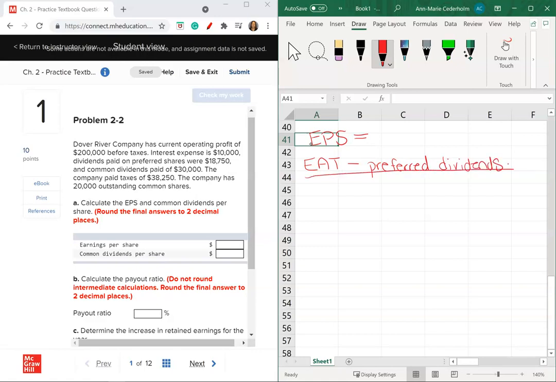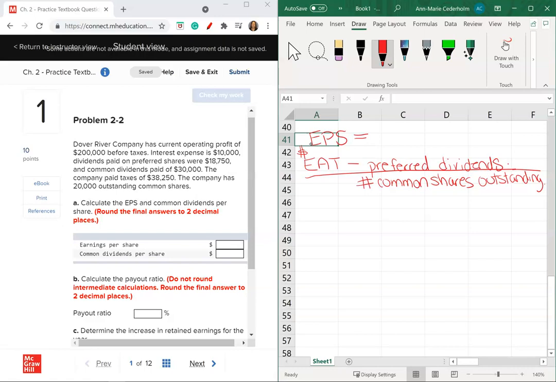Then just divide that by the number of your common shares outstanding. This is really a weighted average calculation, but we're just going to keep this very basic.